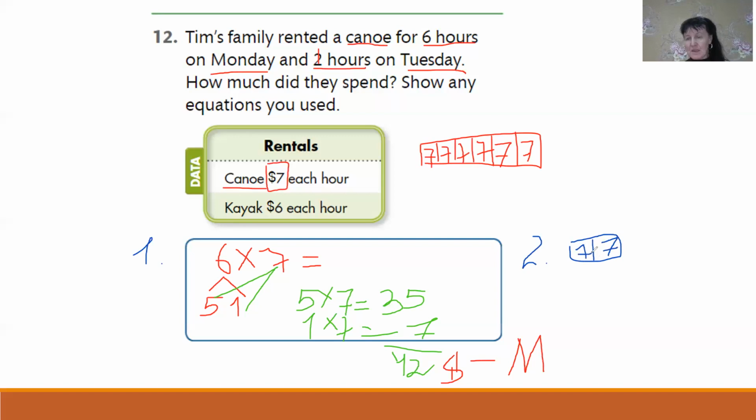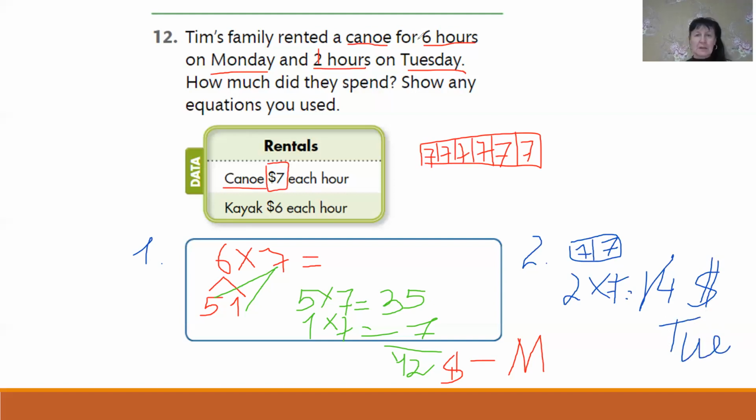So the equation is 2 times $7. It's going to be 14. 14 dollars spent on Tuesday.